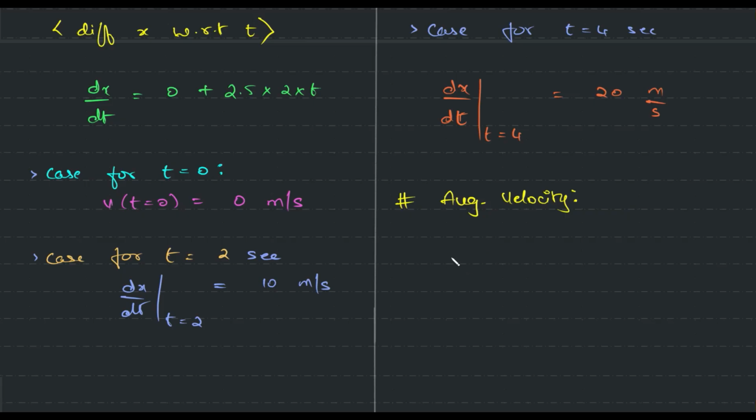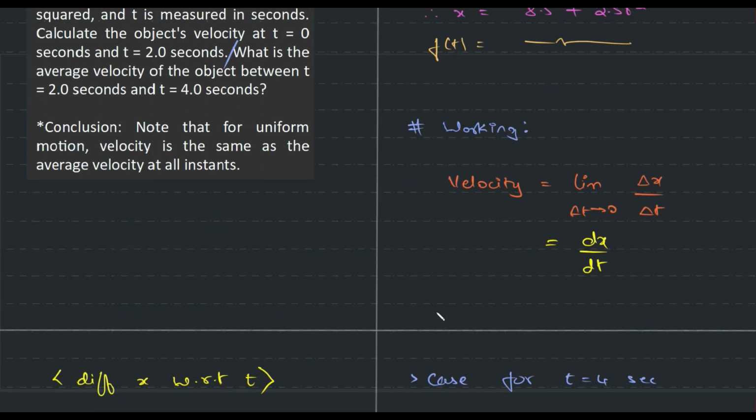Well, we can make use of average velocity is equal to u plus v by 2. But this is applicable for what scenario? What is the condition? Acceleration is constant. But how do we tell that acceleration is constant? Nothing has been told about acceleration over here.